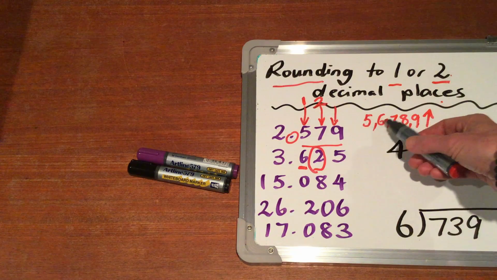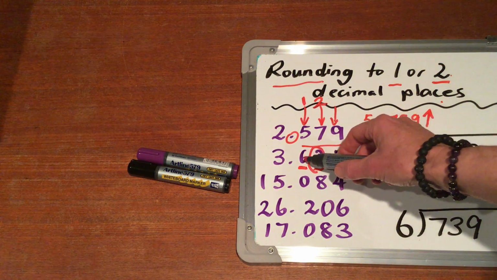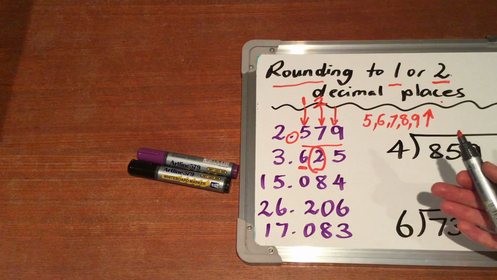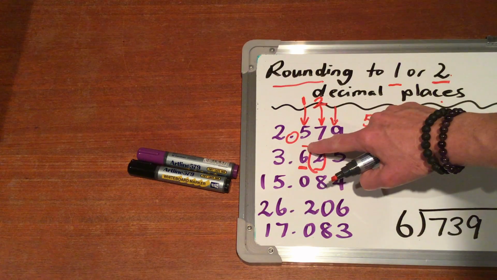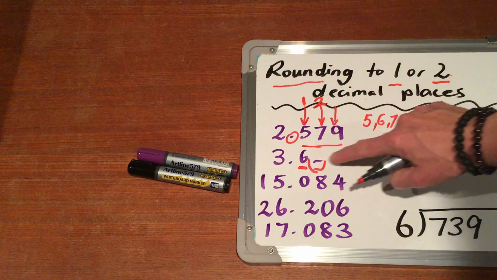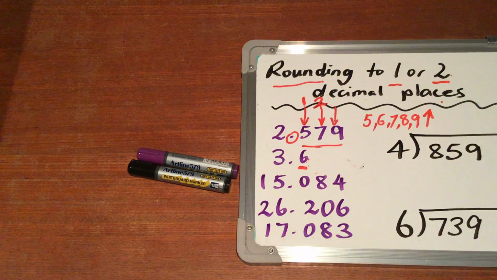If that number is 5, 6, 7, 8 or 9, then I would round this number up, but it's not. So it just stays as a 6 and I rub these out. I've rounded to 1 decimal place, stays at a 6.